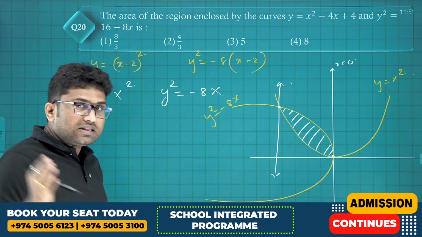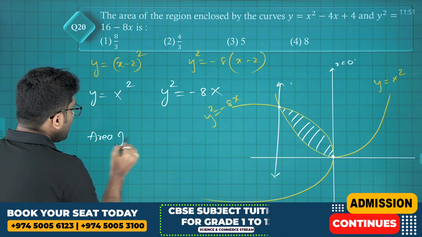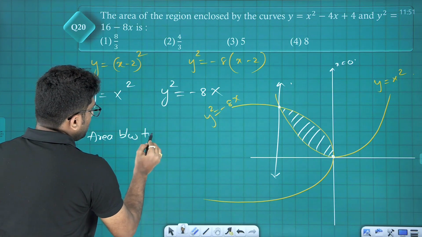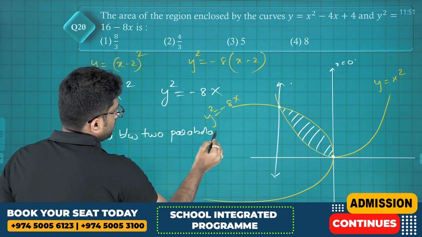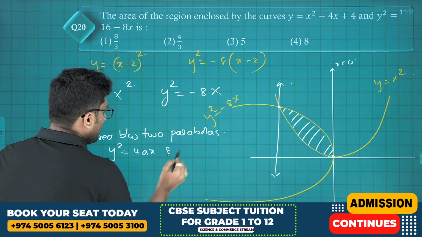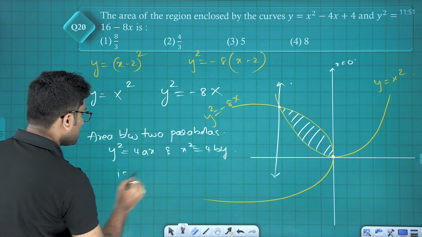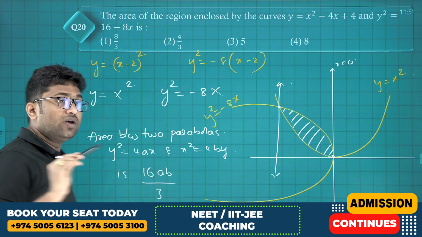And the other method is solving these two, you're getting the point of intersection. Other method is the area between two parabolas, friends. For y square is equals to 4ax and x square is equals to 4by, the area is 16ab divided by 3, friends, which is very, very important.